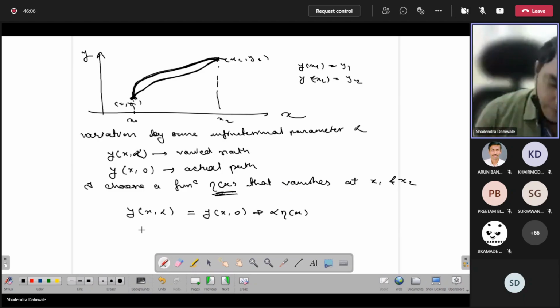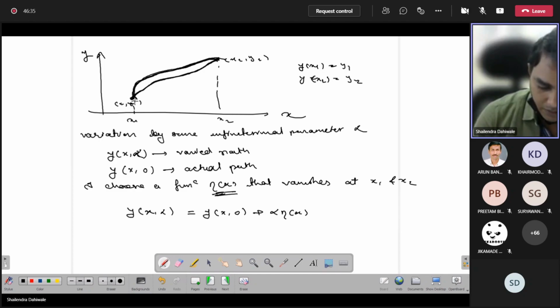We assume that this y of x and eta of x are well behaved. Well behaved means they are continuous and non-singular; the first and second derivatives exist between x1 and x2, so there is no discontinuity between these x1 and x2.